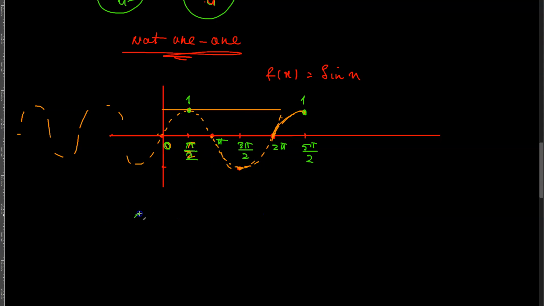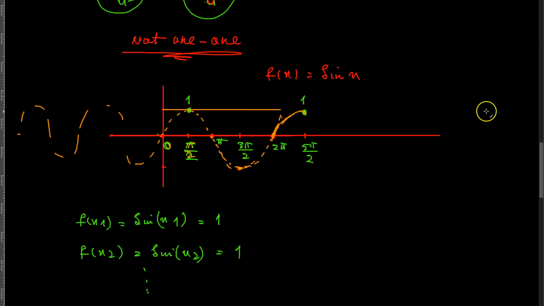So I can say that sine of x1, which is equal to f of x1, is equal to, for example, 1, and I can say that f of x2, which is equal to sine of x2, is equal to 1. And you can just keep going, because you get basically infinite points or outputs here that are equal to 1.